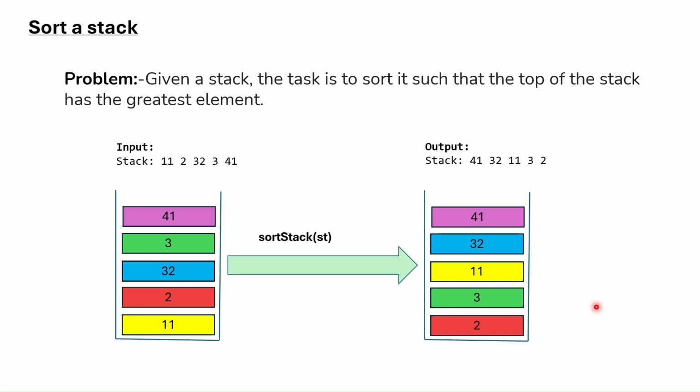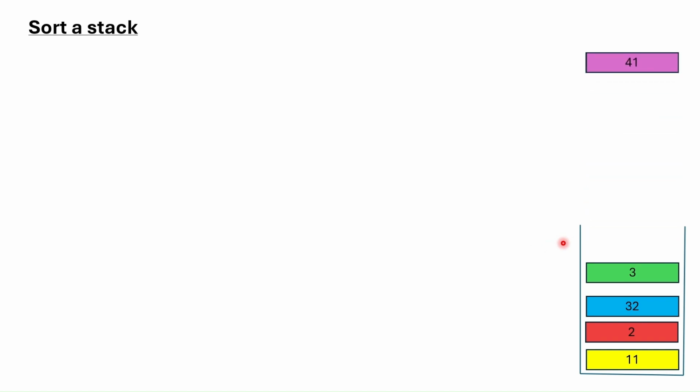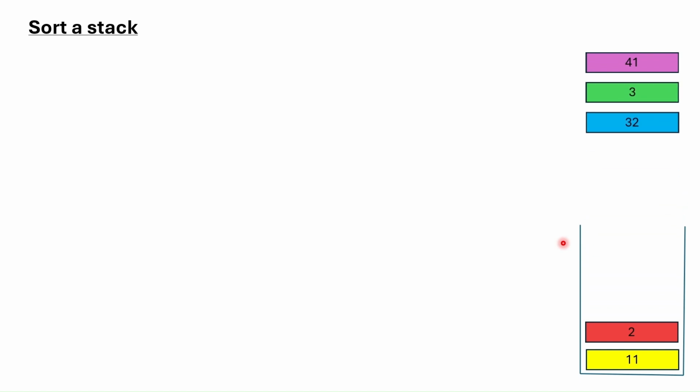After solving the previous problem, let us look at our original problem, that is sorting a stack. Now look how the sorting is done in a stack. Firstly we pop the top element, that is 41. Then we pop 3, then 32, then this 2.